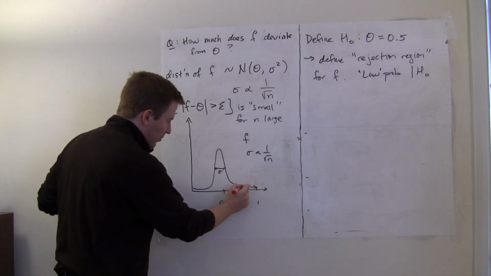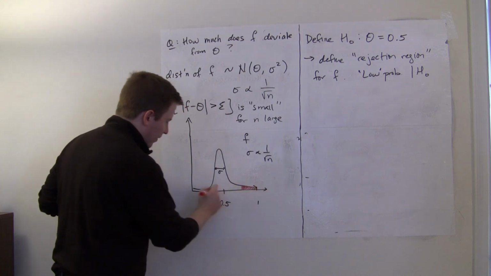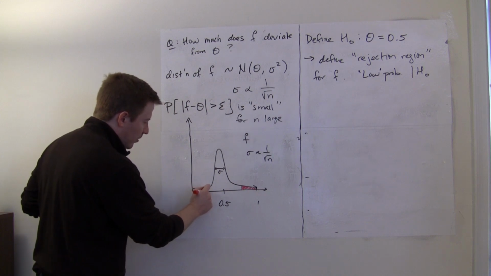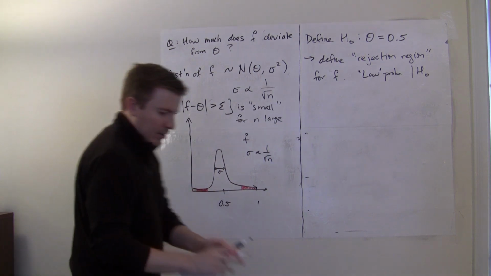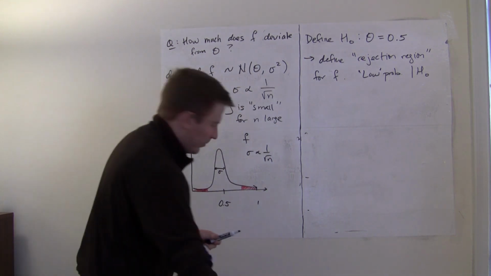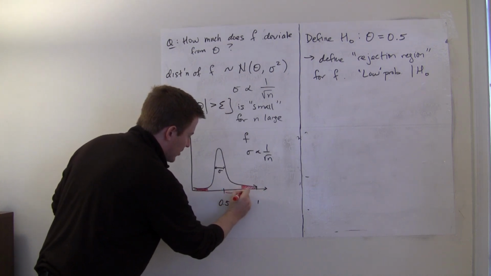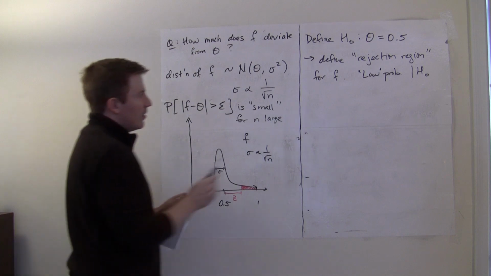So basically we'll set up some area of the tails of the distribution, maybe out here and out here. And we'll pick this value of the deviation, call it little z.